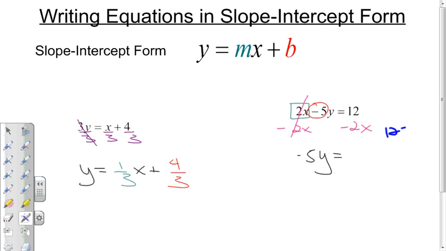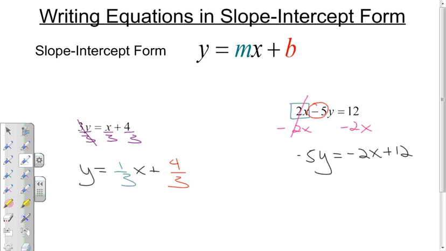So I could write 12 minus 2x, but I'm actually going to choose to change the order and write the -2x first, and then positive 12. Why? Because the order of mx plus b is more easily read when we put it in this form.